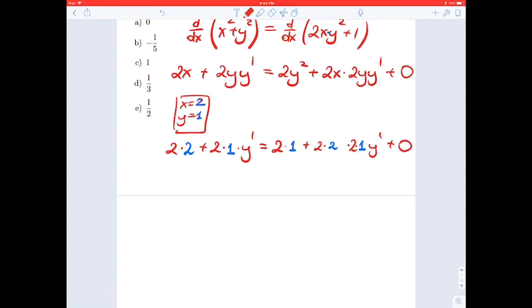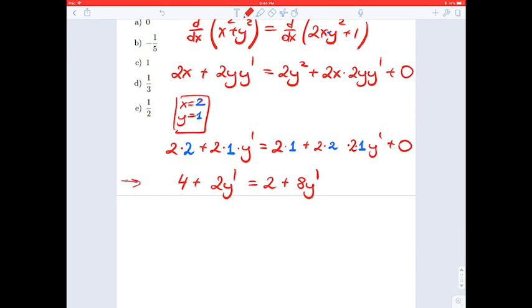And we don't have to put plus 0. Let's see what we have. We have 4 plus 2y prime, 2 times 2, plus 2 times 2 times 2 times 1, 8y prime.